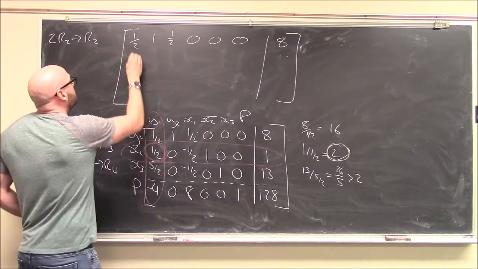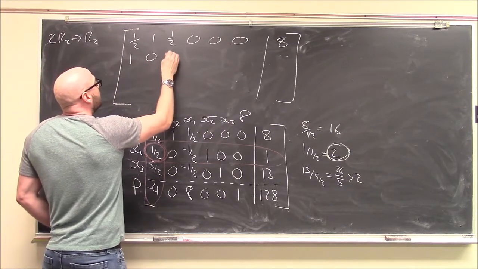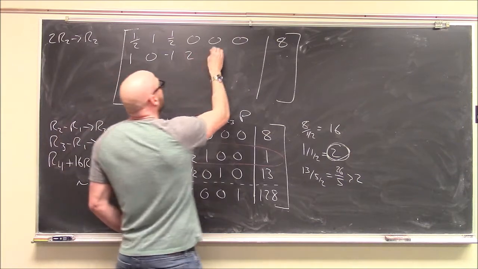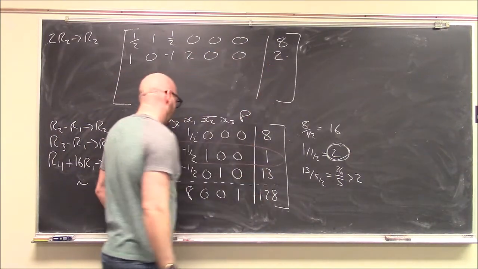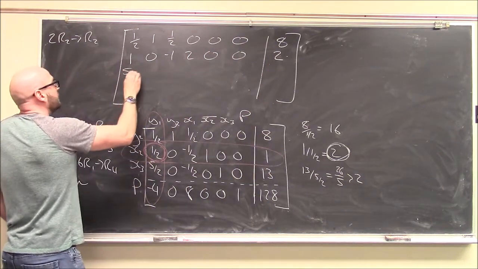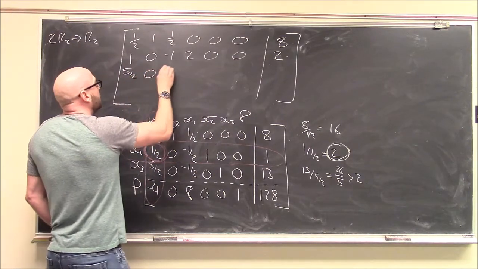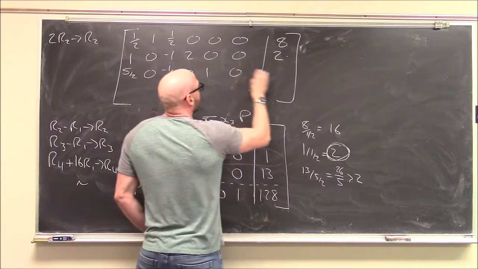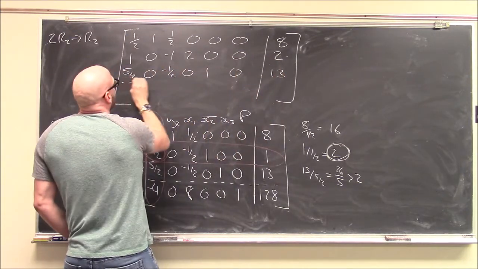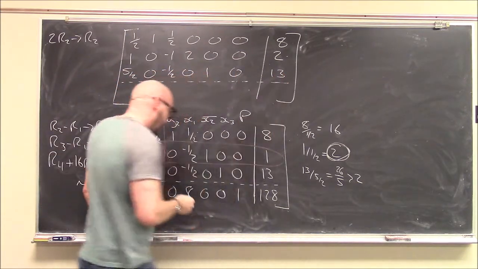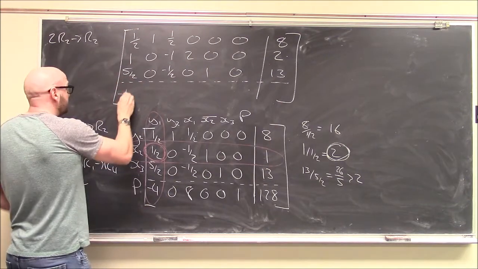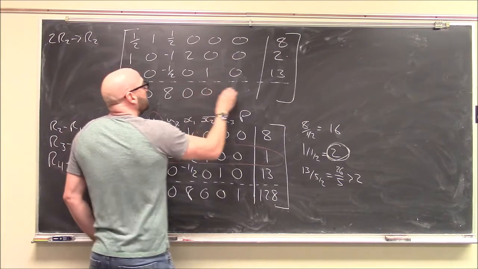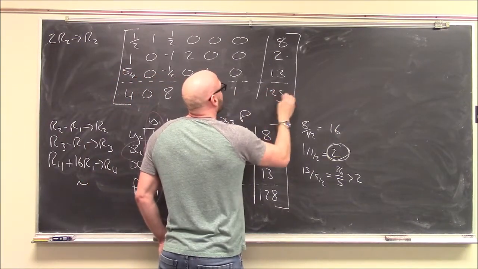Scale this by 2 becomes 1, 0, minus 1, 2, 0, 0, 2. And then we're just copying everything else again. 5/2, 0, minus 1/2, 0, 1, 0, 13. And minus 4, 0, 8, 0, 0, 1, 128.